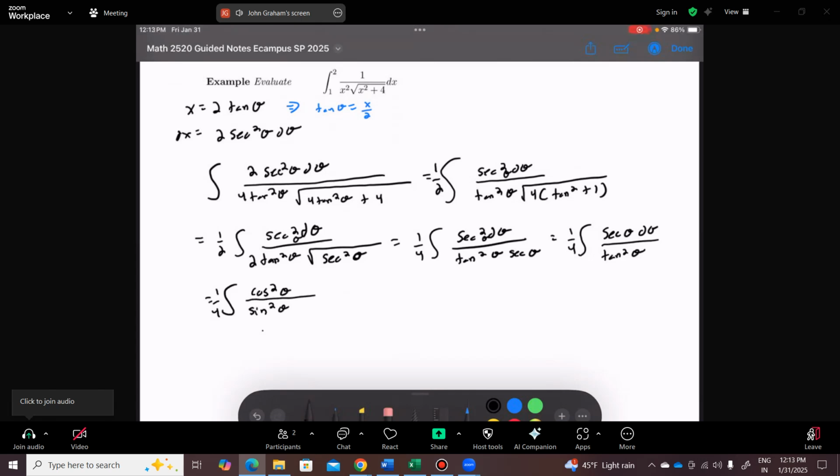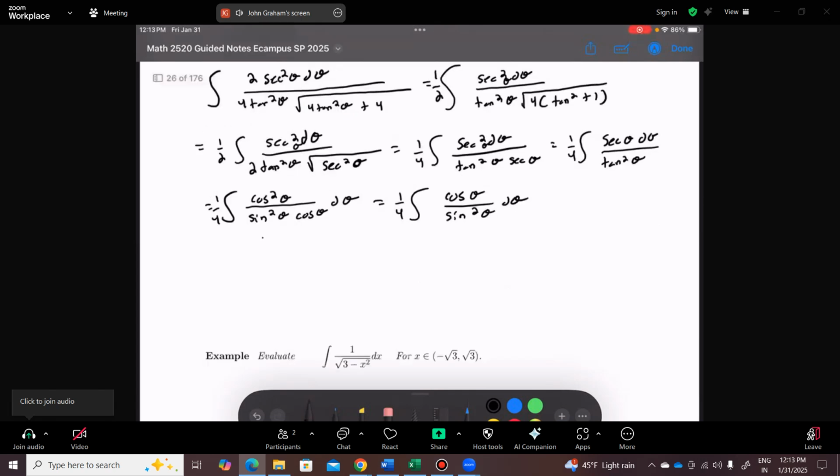And then secant is 1 over cosine, so that puts cosine on the bottom. And then you have your d theta. And then we can cancel here. You have 1 cosine cancel, leaving cosine theta over sine squared theta d theta.